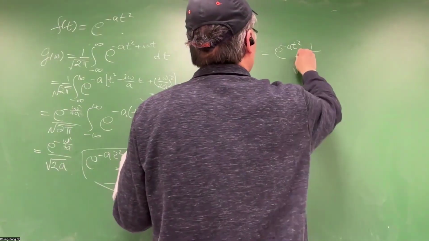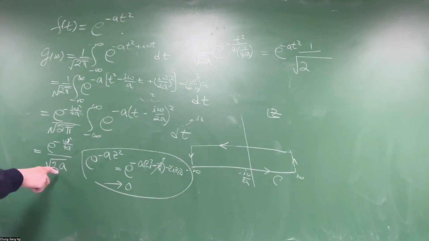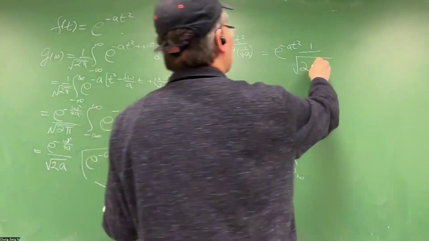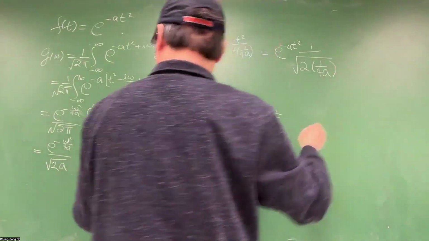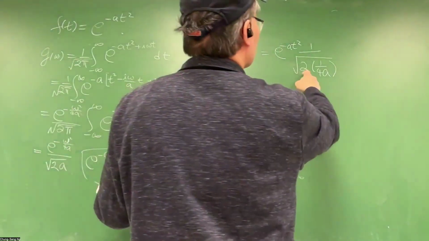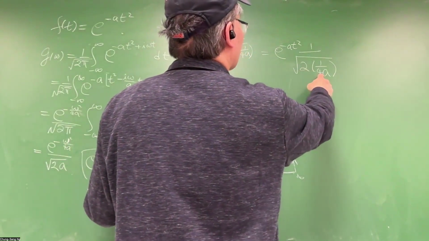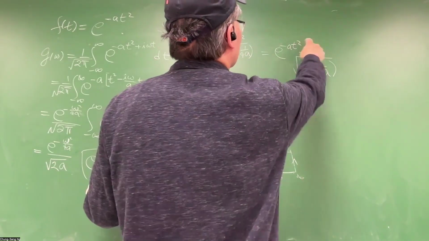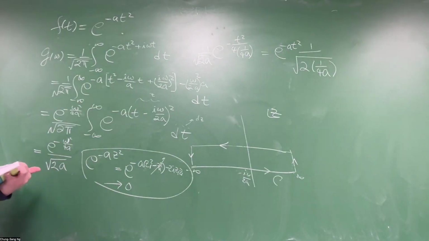A is 1/4, and this is 1/2. There's a square root of 2a in front.